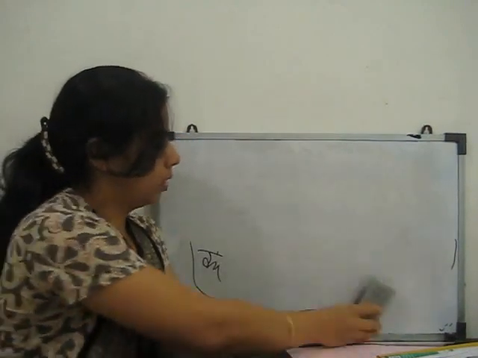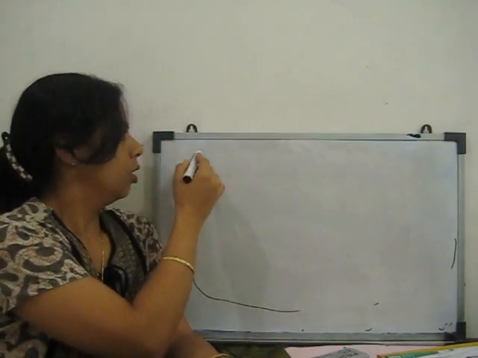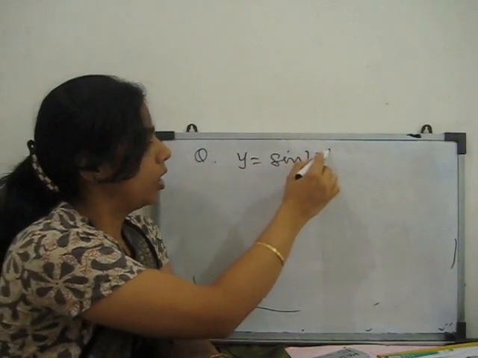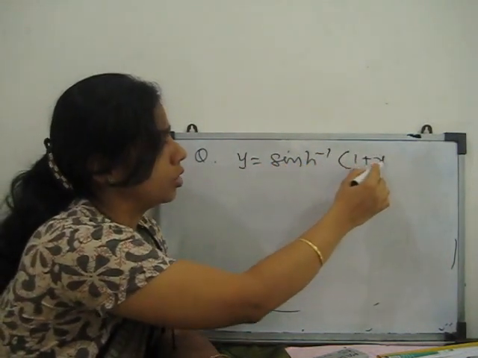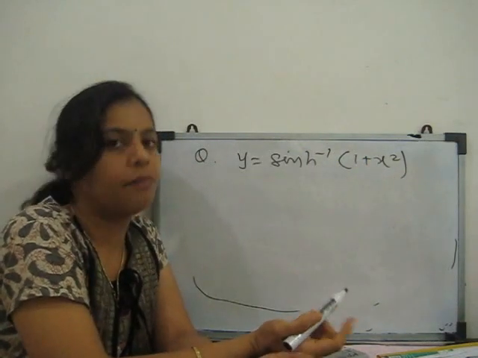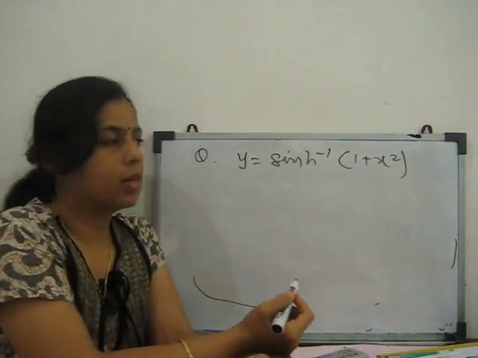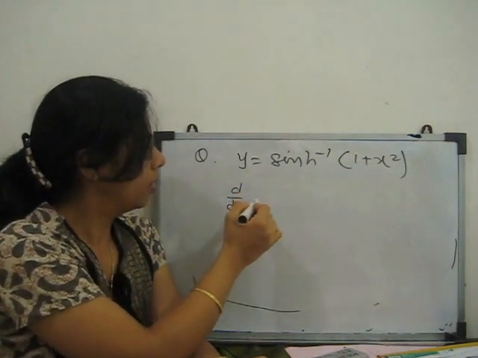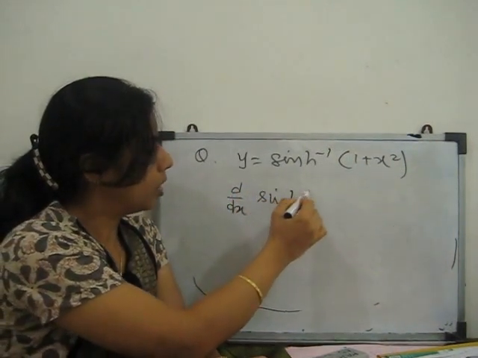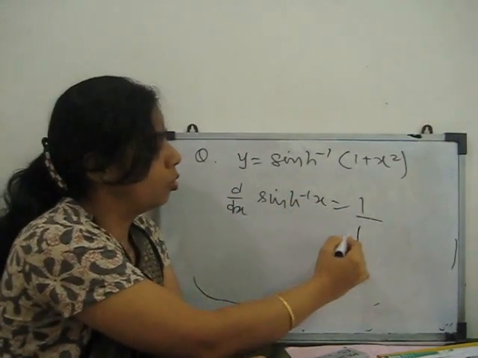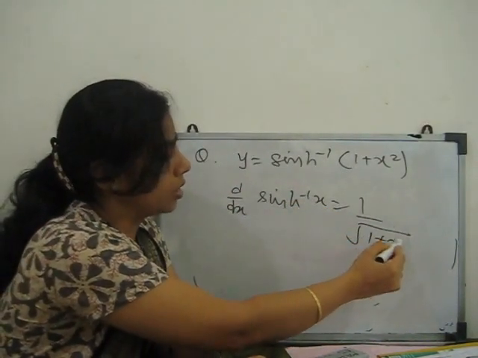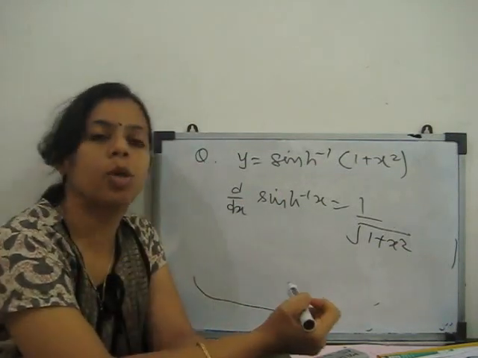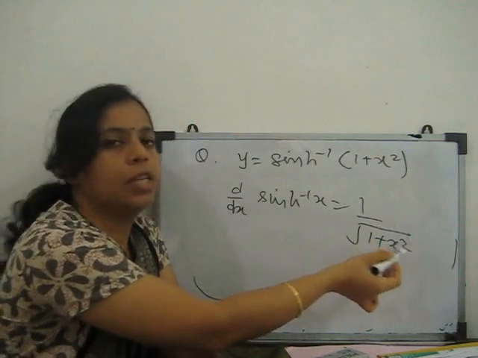Some more for inverse functions. The question is, given y is equal to sine hyperbolic inverse of 1 plus x square, or any given function, what is the derivative of this? You know d by dx of sine hyperbolic inverse x is 1 upon under root of 1 plus x square. If it is sine hyperbolic inverse of x by a, then under root of a square.